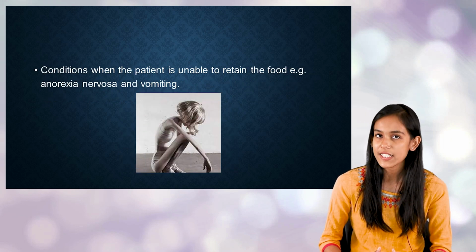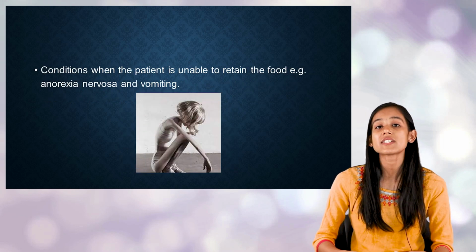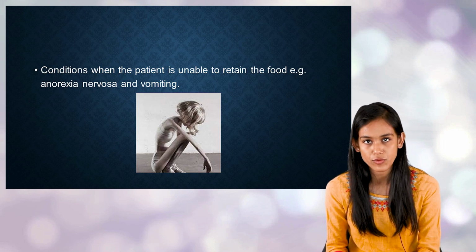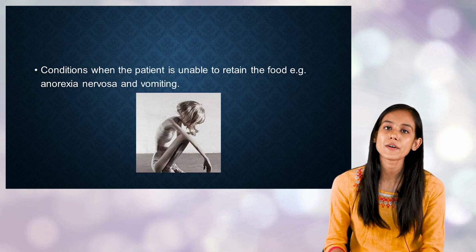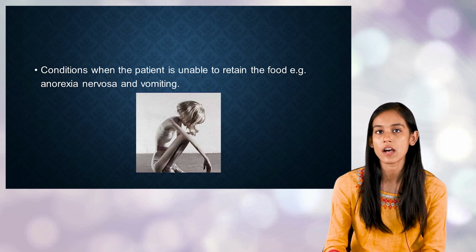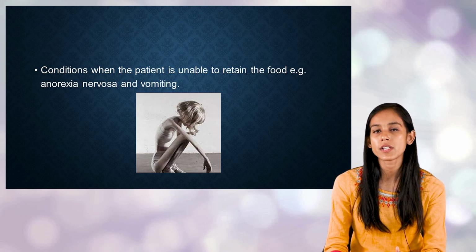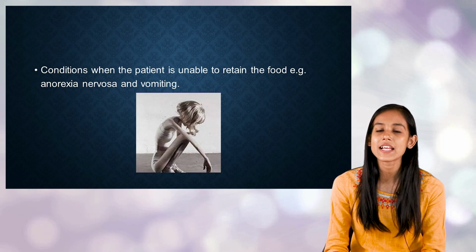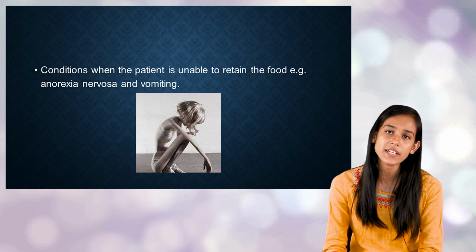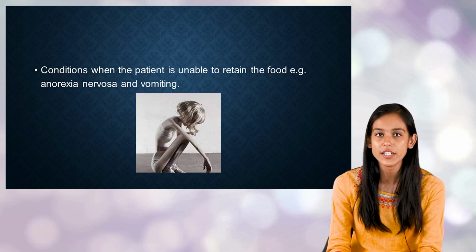Now next, there are certain conditions where the patient is unable to retain the food. For example, in case of anorexia nervosa, when they take less food, their appetite gets reduced.